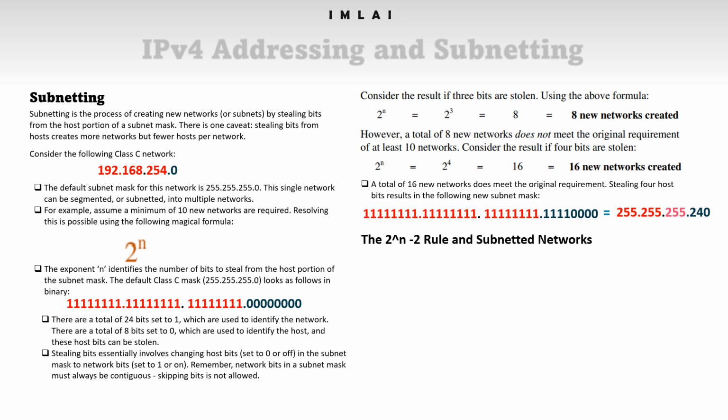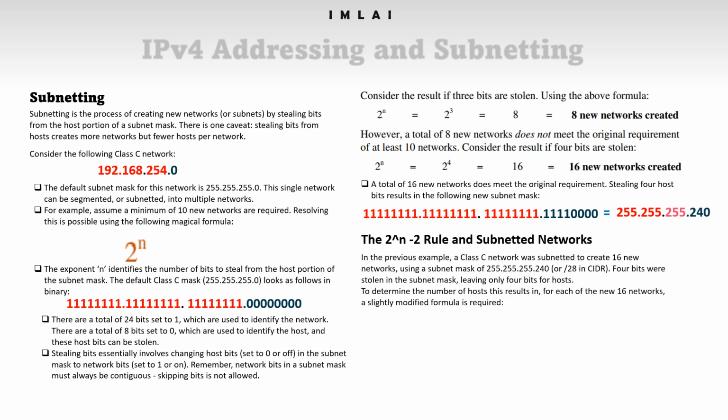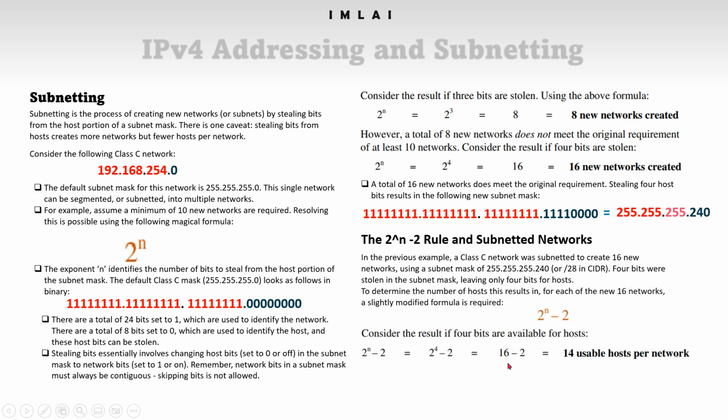What we use is 2 power n minus 2. So let's do the calculation. Consider the result if 4 bits are available for the host. How many bits are available for host? Only 4. 1, 2, 3, 4. So 2 power 4 minus 2, 16 minus 2, so 14 usable hosts per network.